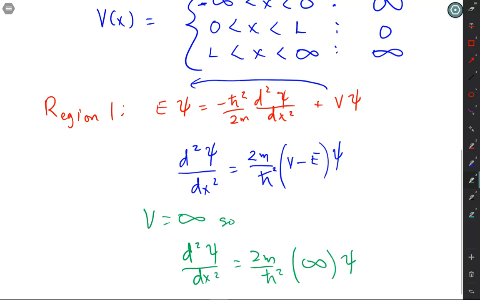Well, that doesn't really make sense, does it? Your second derivative is infinite in the entire range. It can only be true if psi here is 0. It's the only way we can make this statement true.